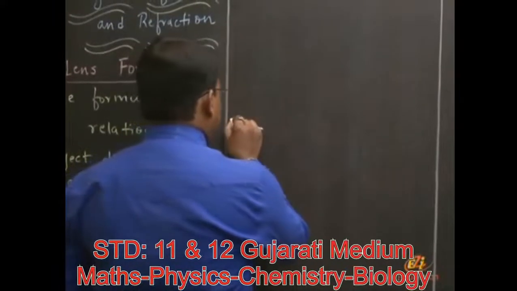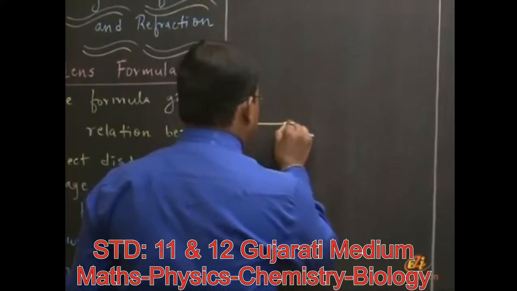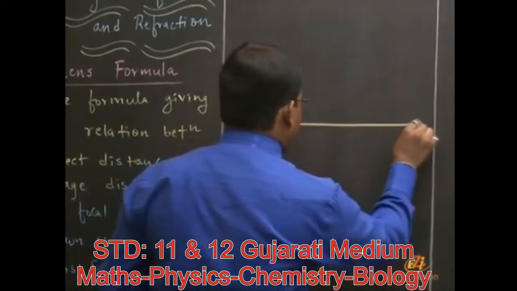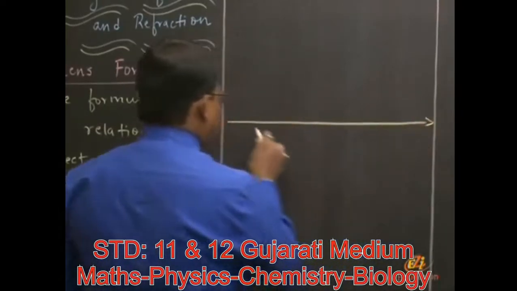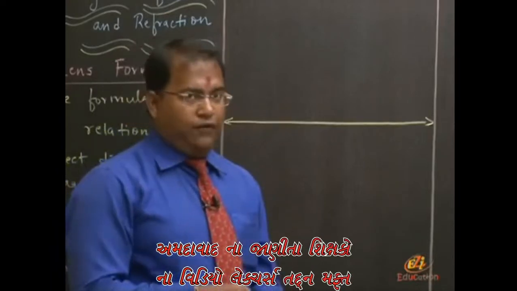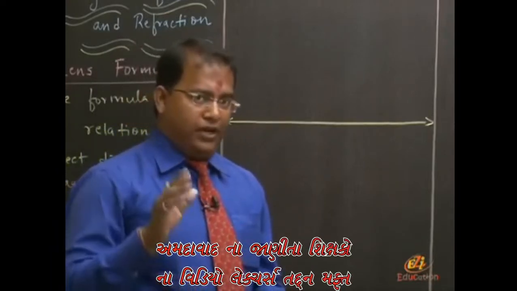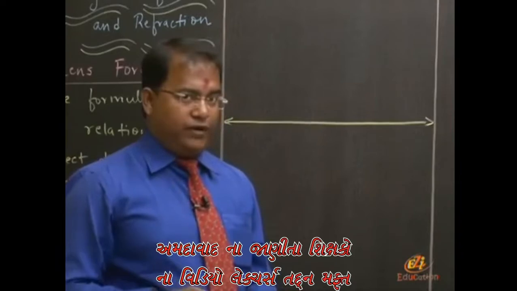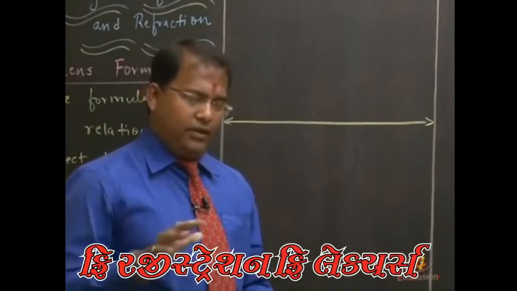Friends, let us select an axis. Let this be the principal axis. I've taught you all the things related to a lens, so don't you ever ask what the focal length is.